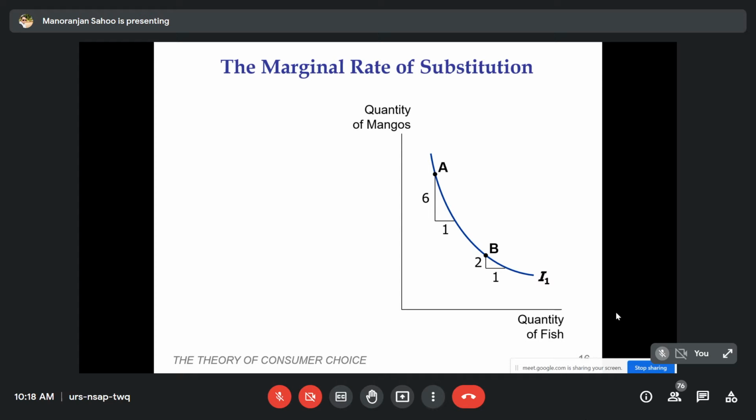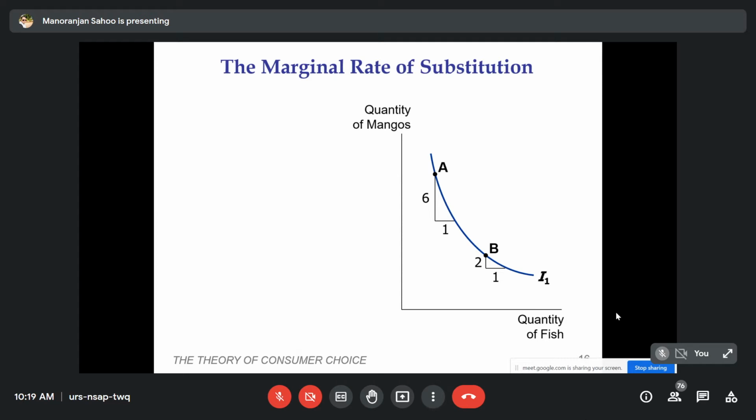This is due to diminishing marginal utility. The slope of the indifference curve declines due to the principle of diminishing marginal utility. That principle which we read in the cardinal utility approach is also applicable here.